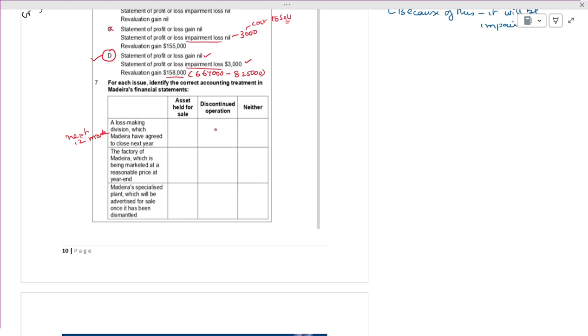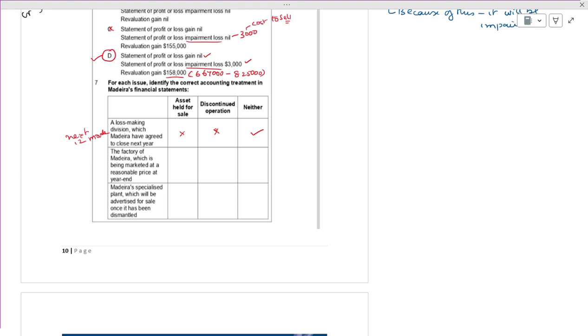Asset held for sale? No. No. No. Do we have to show it in this, next 12 months? Then only. It has to be shown here? No. Where do we have to show? We should neither show it in asset held for sale, nor say next year. Next year we will see about next year, not now.